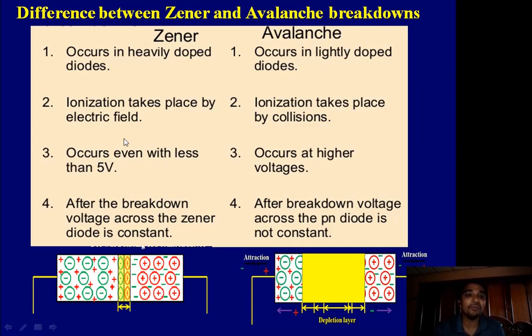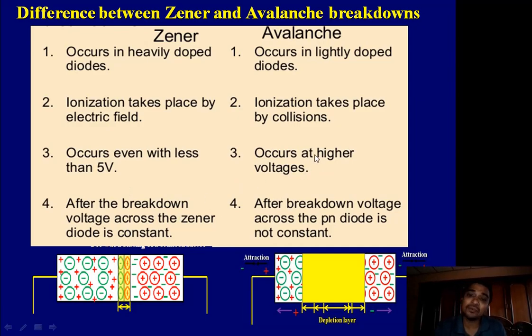GNR breakdown occurs even with less than 5 volts. Why is that? You have a very narrow depletion region, so 4, 5 or 6 volts is enough to get this GNR breakdown.